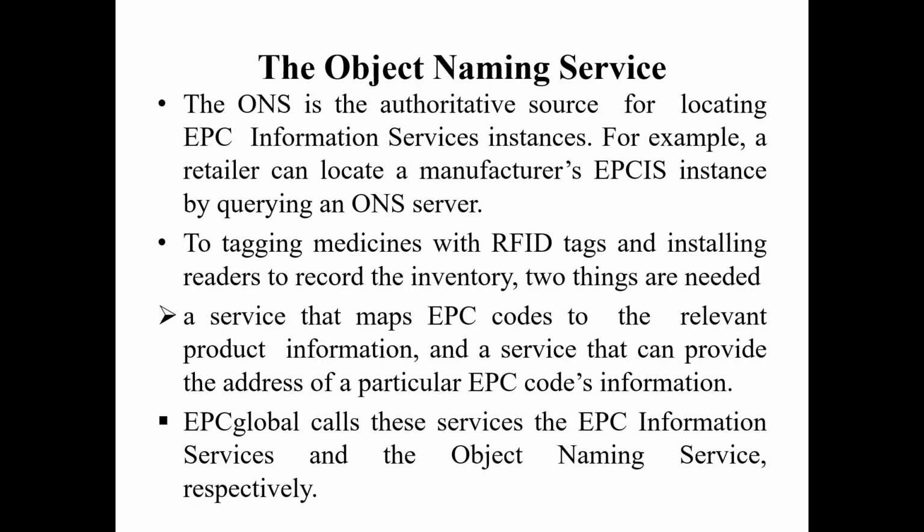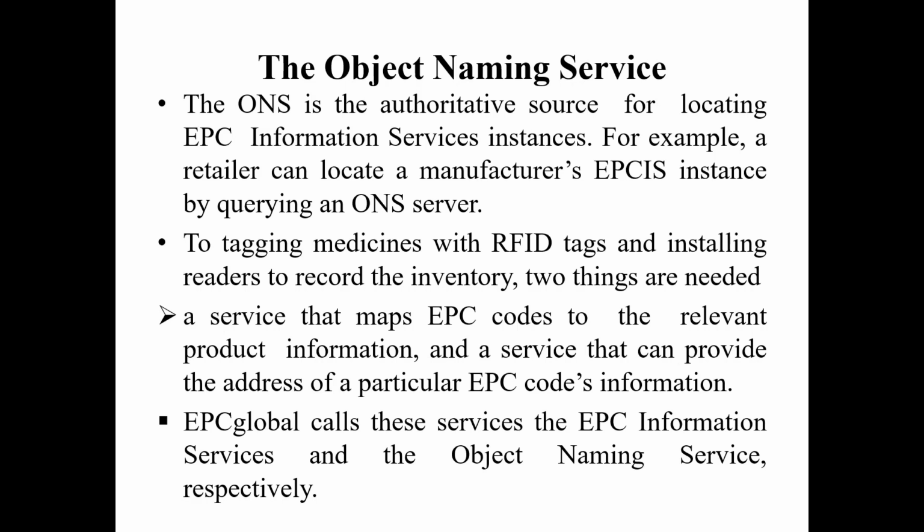It helps to locate information about the product identified by an EPC, that is electronic product code. When an EPC is read from a tag, the ONS tells the system where the related product information is stored. The functions of ONS include translating EPC to an information source, enabling global lookup, and supporting supply chain visibility and interoperability.